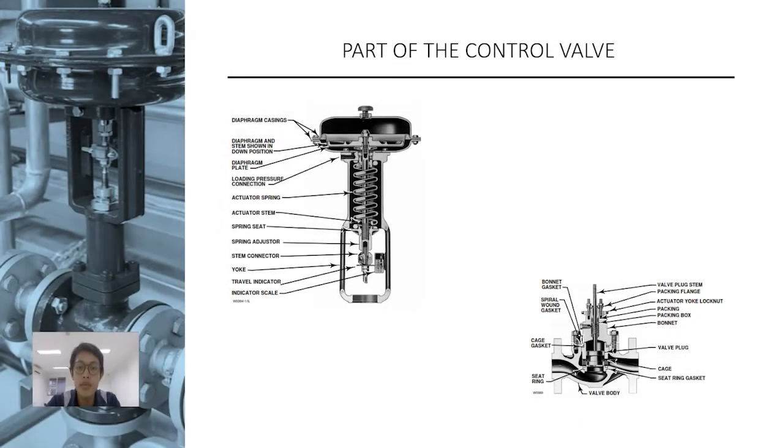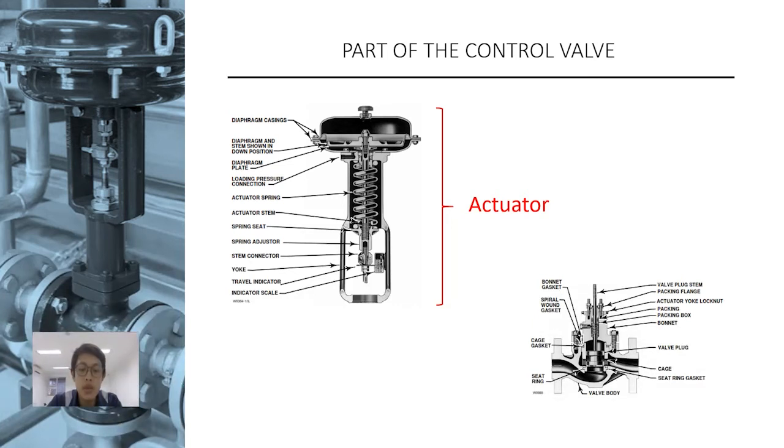The second point is parts of the control valve. Overall, a control valve has many parts, but we usually divide the control valve into main parts. First is the actuator. The actuator is the part supplied by electrical power or air to move the valve, either opening or closing.